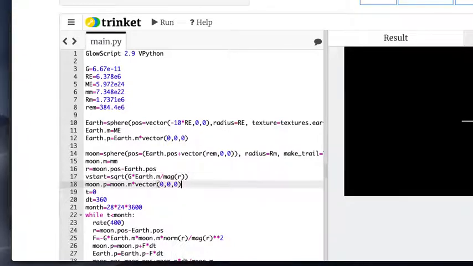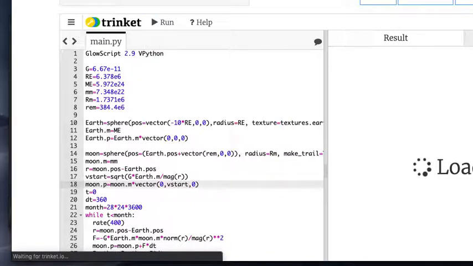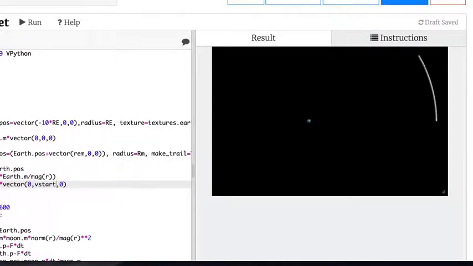That's what I said. And then put this at v start. Let's see if that works. Yep, there, look. Circular orbit. And it should take about 28 days to go all the way around.